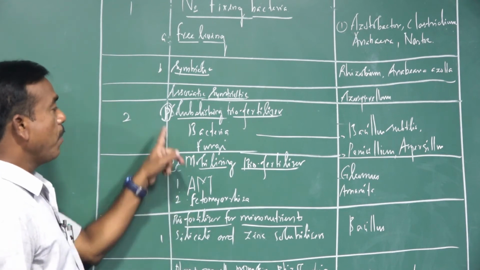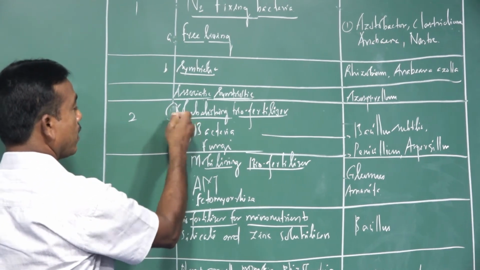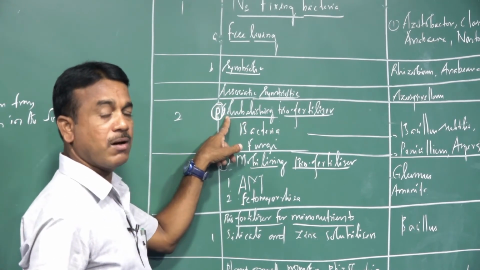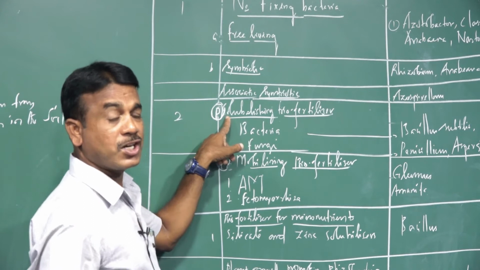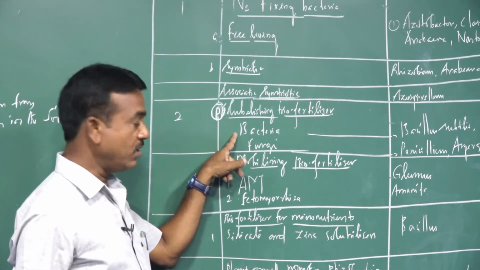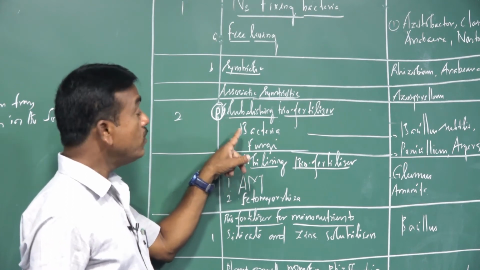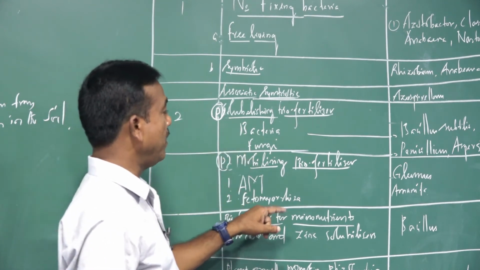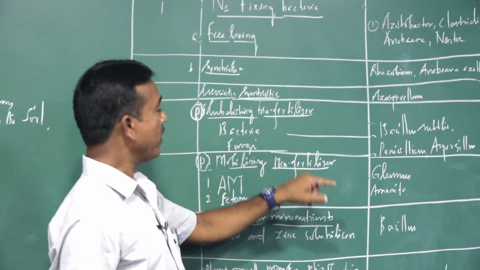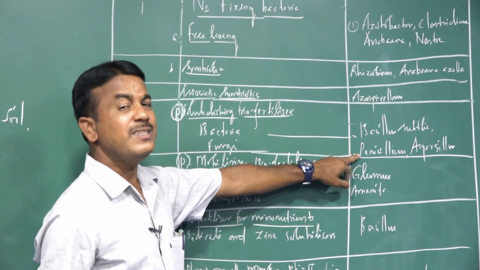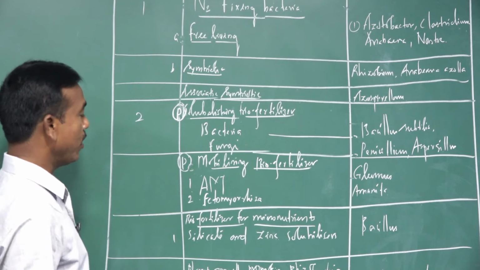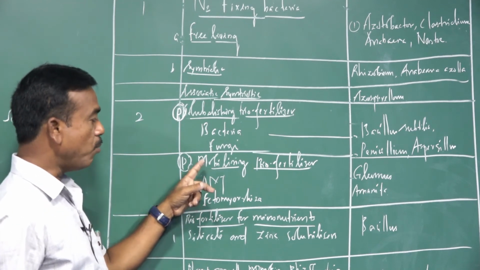Second, phosphorus solubilization biofertilizer, or which biofertilizer is responsible for solubilizing phosphate? Some bacteria are influencing this, and some fungi also. The bacterium influencing phosphate solubilization is Bacillus subtilis. The fungi responsible are Penicillium as well as Aspergillus. The third one, phosphorus mobilizing biofertilizer.